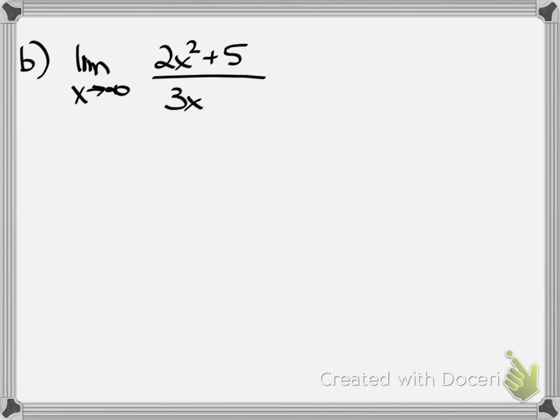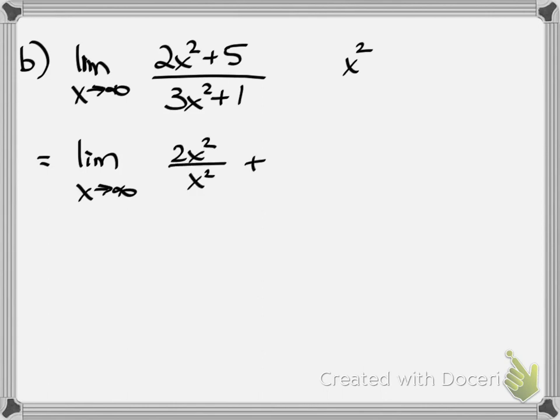B part. The limit as x approaches infinity of 2x squared plus 5 over 3x squared plus 1. The highest degree of x in the denominator is 2, so we'll divide everything by x squared. Again, how do we think to do this?